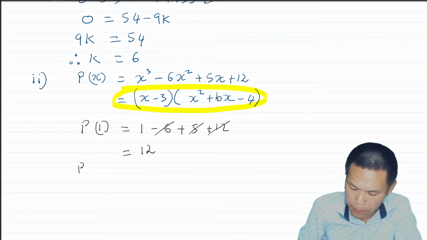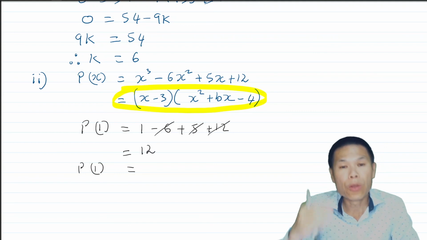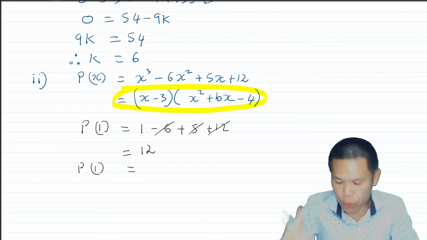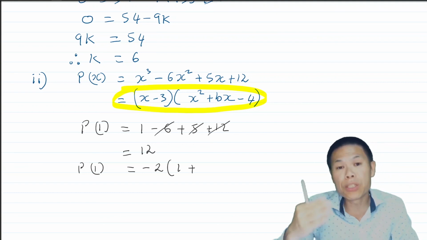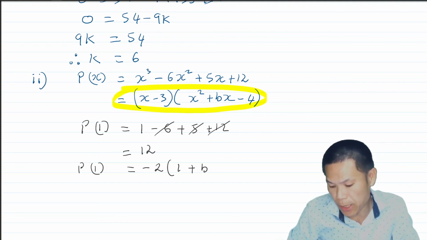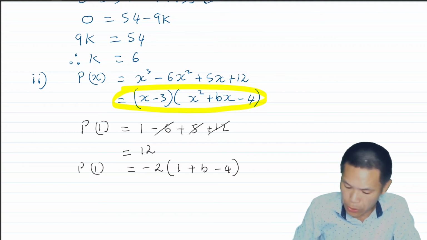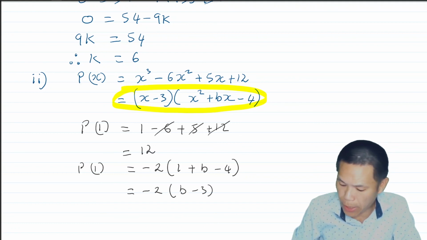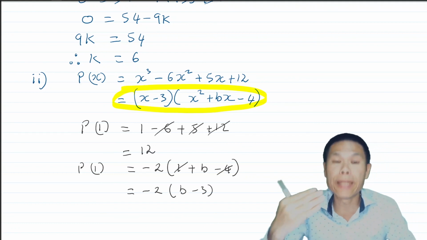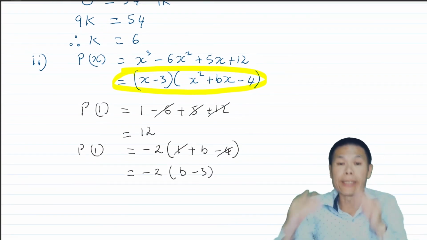So p(1) gives me 1 minus 3 is negative 2. So just minus 2. And 1 squared is 1, plus b times 1 is b, minus 4. So that is minus 2 times (b minus 3), correct? Because 1 minus 4 is negative 3. So I just equate them.